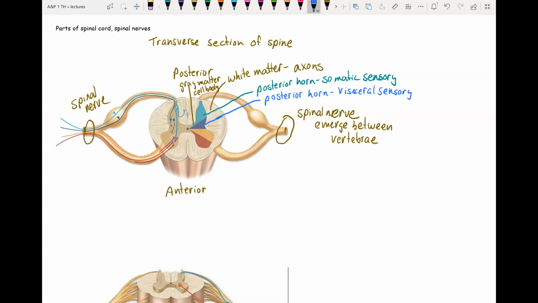The orange part is the lateral horn. This is autonomic motor. And the red part is the anterior horn. And this is somatic motor.